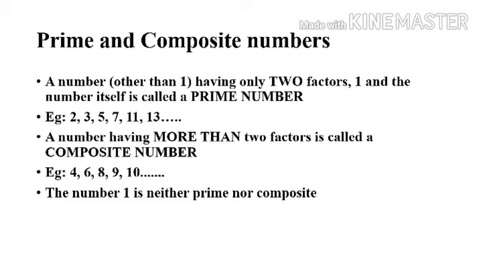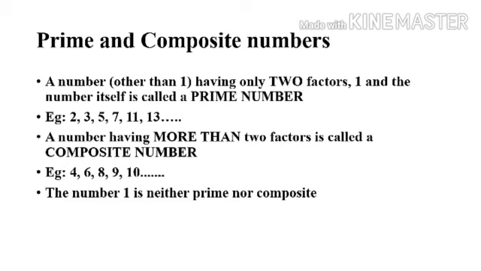So, 4 is a composite number. Then what about 6? 6 also has more than two factors. So, 6 is a composite number. So, there are prime numbers and composite numbers.